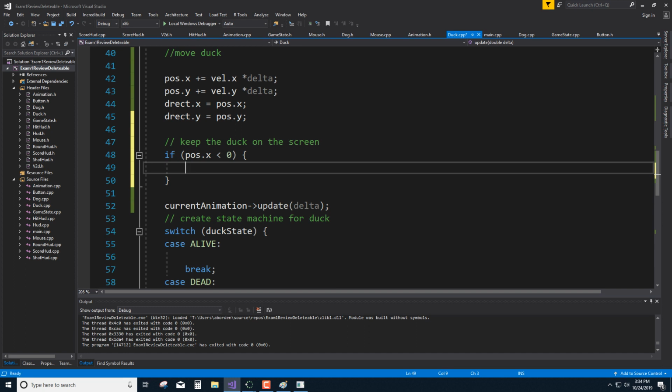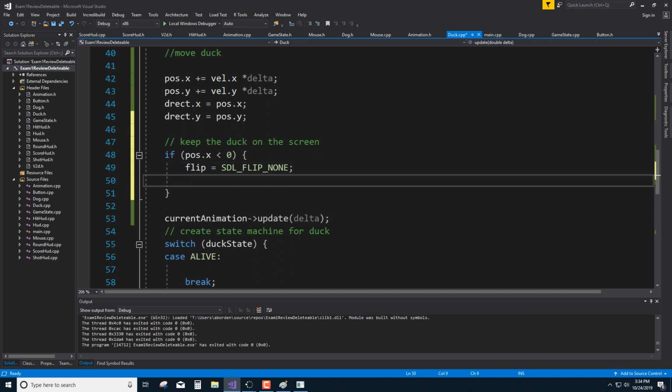What is that? How do we write that? You want it to flip in the other direction. Okay, so flip equals SDL flip none. Because right is the normal. What else? Wait, what if you flip horizontal?